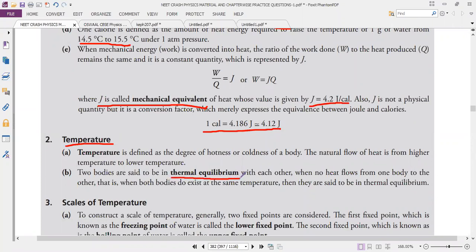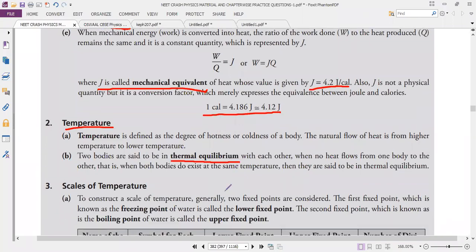Thermal equilibrium means the entire system, all the area, even the small space, the heat is constant, and it does not allow heat to flow from one body to another, that is, from one system into another system. The same temperature for the entire system.